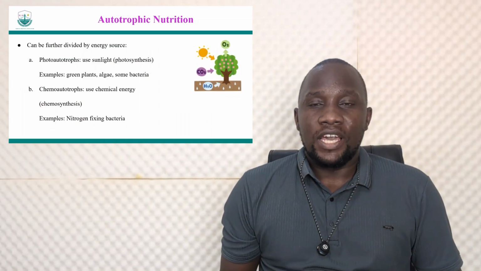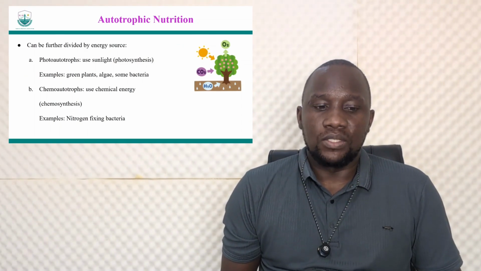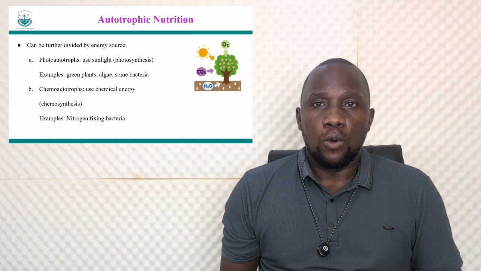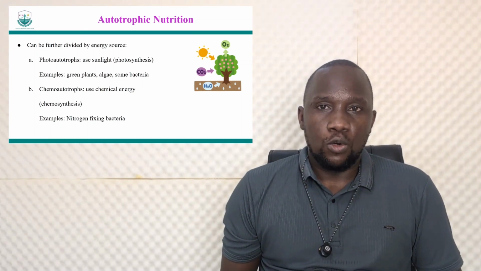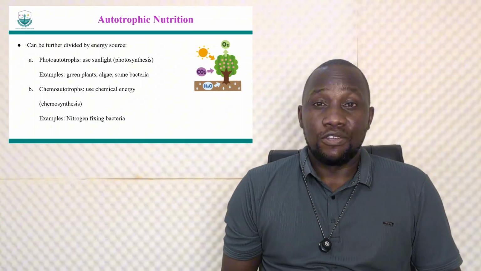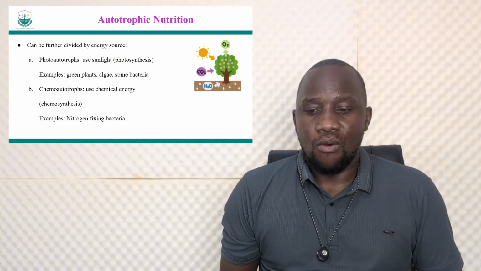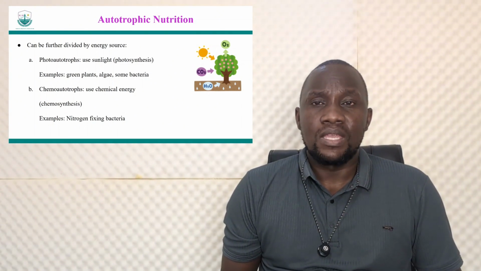So we can have two types of autotrophic nutrition. One, photoautotrophs, and two, chemoautotrophs. To differentiate between the two, we are looking at the source of energy. Where is that energy coming from?